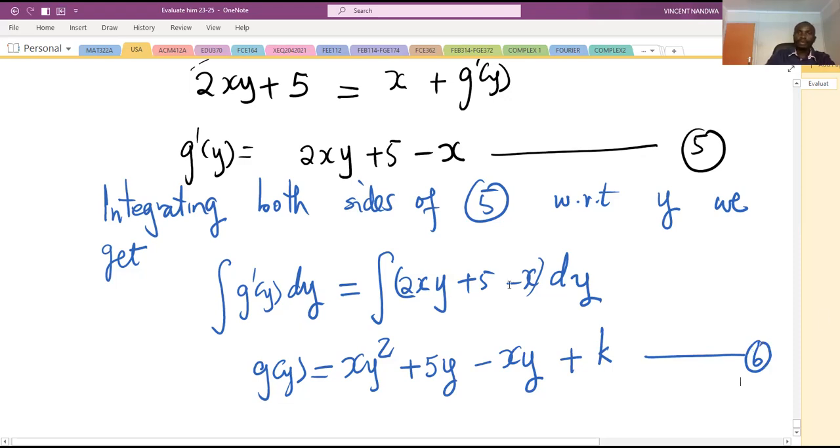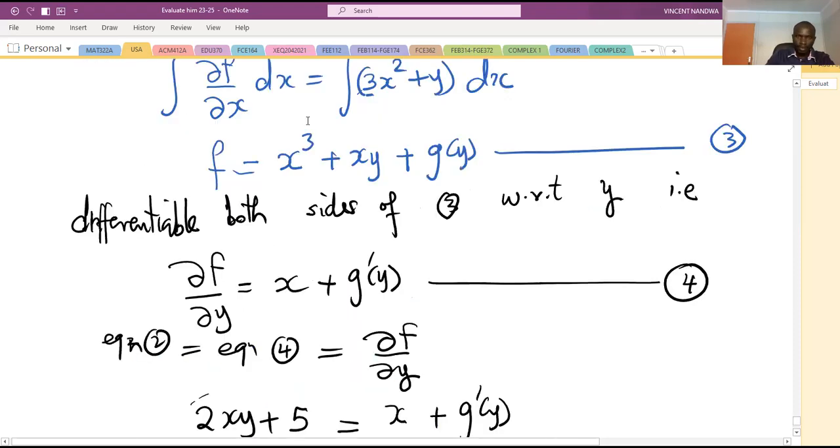So now remember from equation 3, we know what f is.